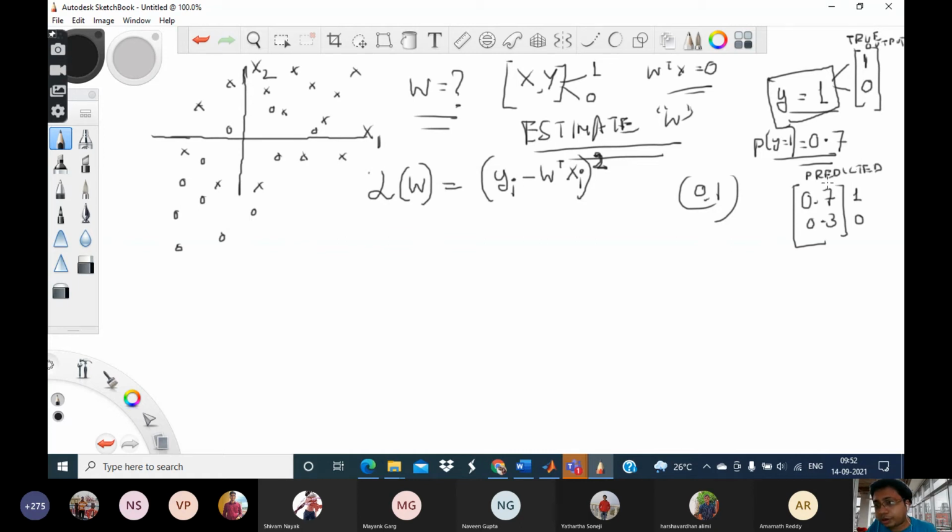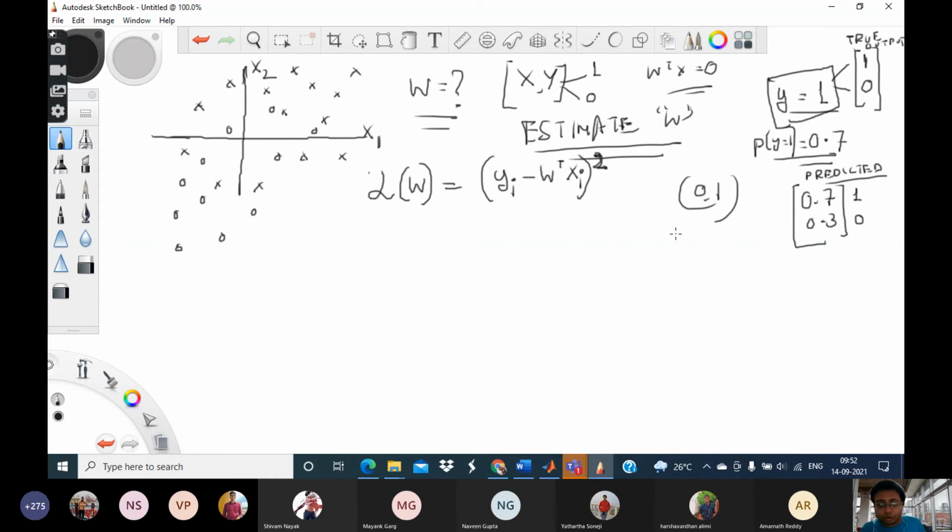So now my true output is a probability distribution like this, and my predicted output is also a probability distribution like this. So now I have to compare two probability distributions.